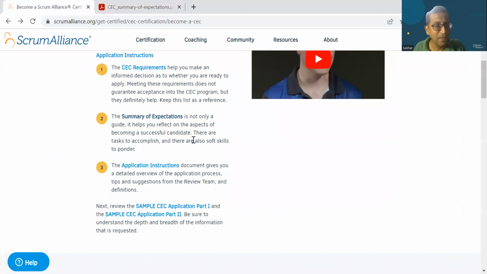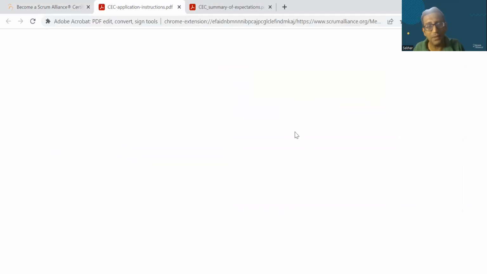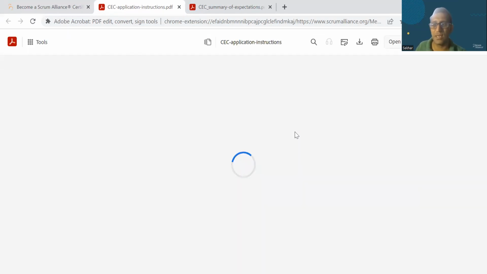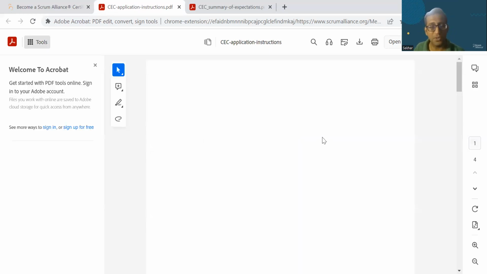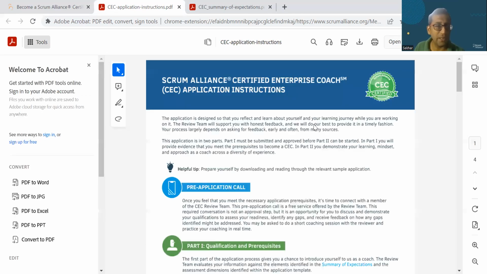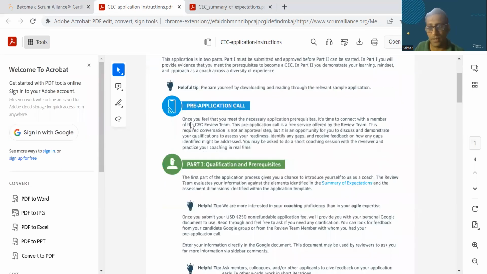Now let's quickly go through the application instructions. The first thing is we start with a pre-application call. You have to schedule some time with one of the reviewers. Once you feel very confident, it's time to connect with one of the CEC review team members. The pre-application call is free of charge, offered by the review team.